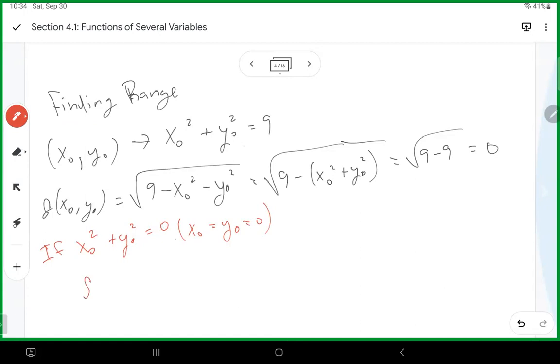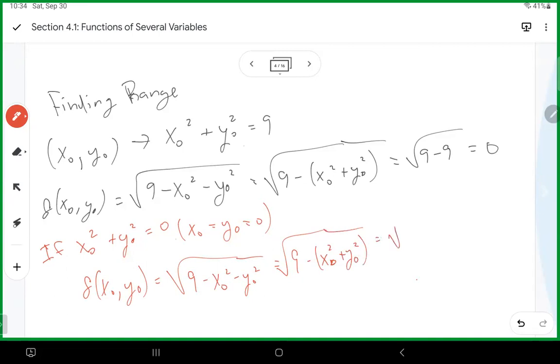Then that means we would have g of x sub 0, y sub 0 equal to 9 minus x sub 0 squared plus y sub 0 squared equals 9 minus 0. You guys probably don't need all these steps, but I'm just giving them to you anyway. We may need another slide. This is the maximum value of the function.